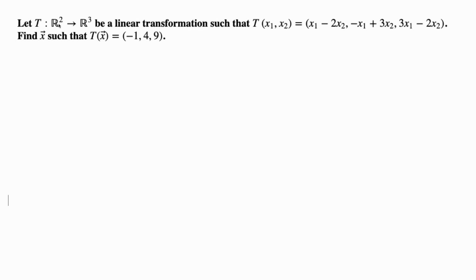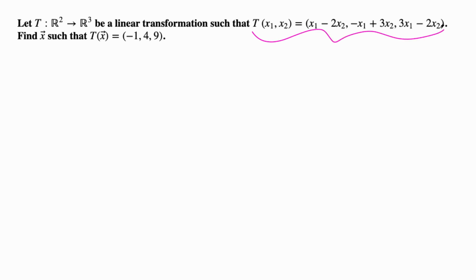Let T from R2 to R3 be a linear transformation such that T of this vector x1, x2 is defined in this way. Now find vector x such that T of x is the vector negative 1, 4, 9. So this can be rewritten as this thing.